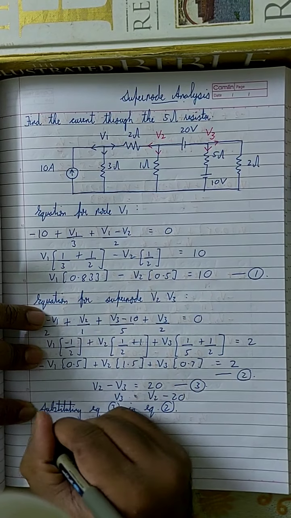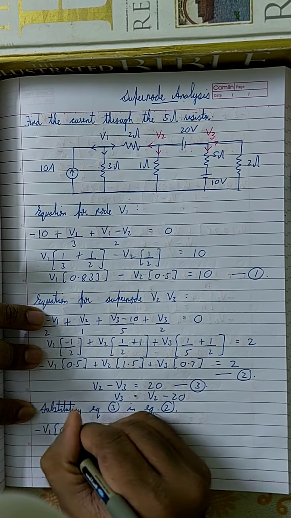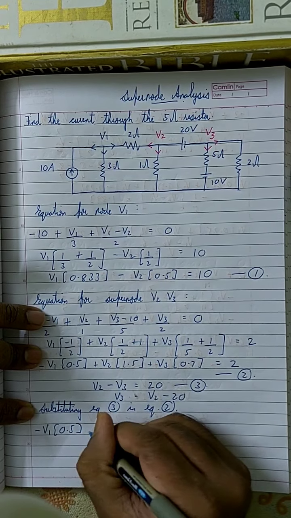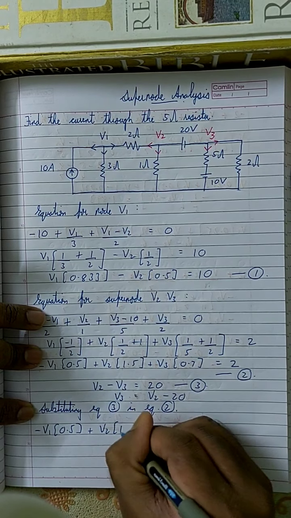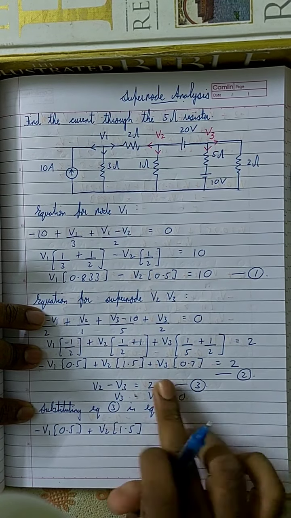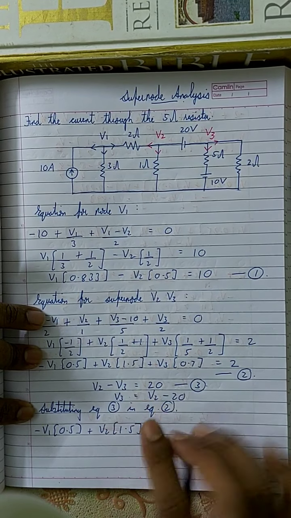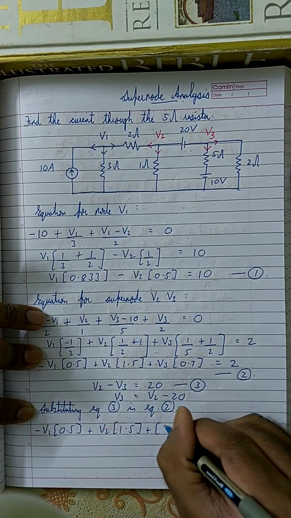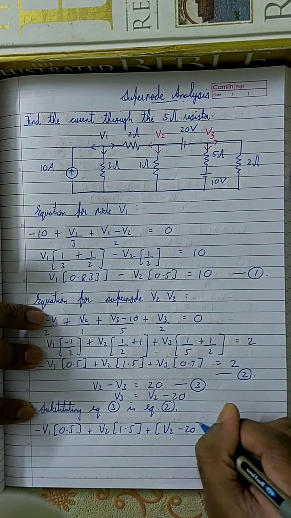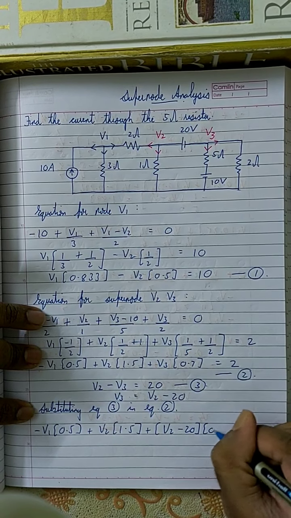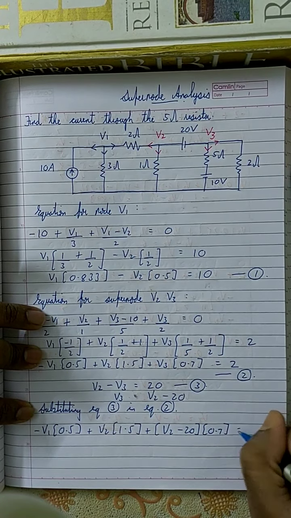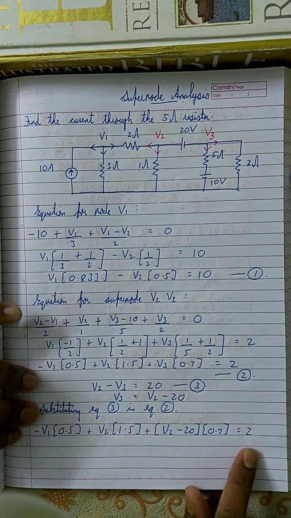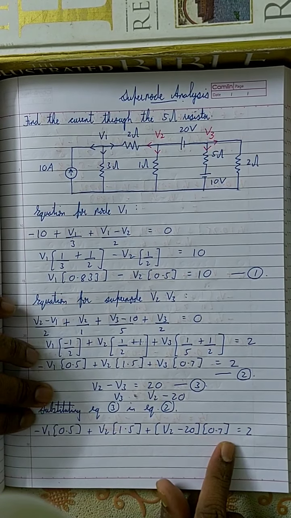We get minus V1 into 0.5 plus V2 into 1.5, and this is V3. What is V3? V2 minus 20. So this is plus V2 minus 20 into 0.7 is equal to 2. There you have it. So now I can express this in terms of V1 and V2, right?